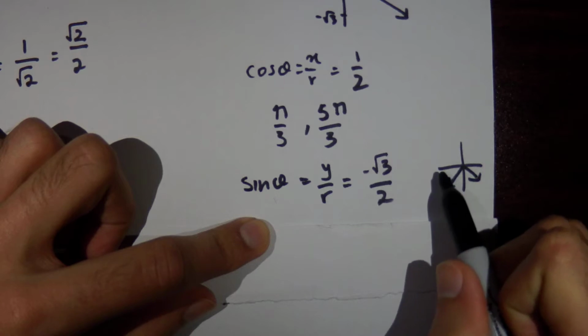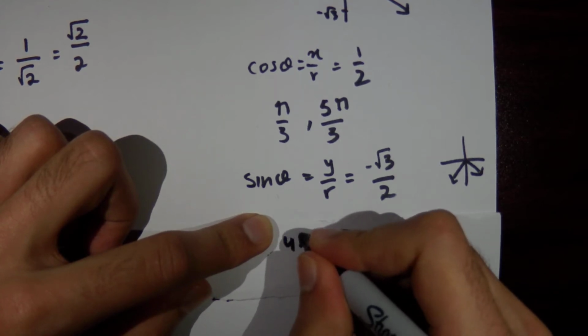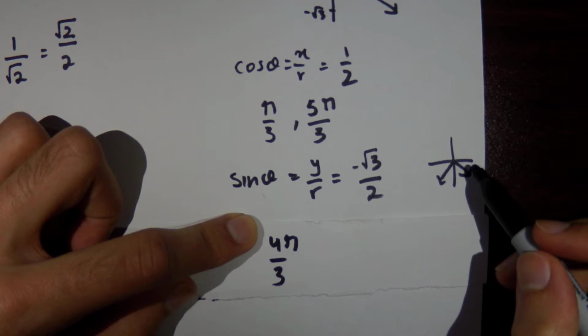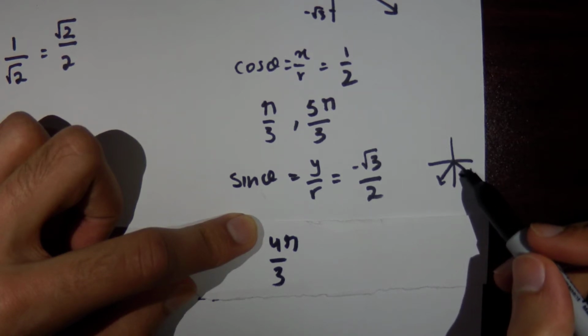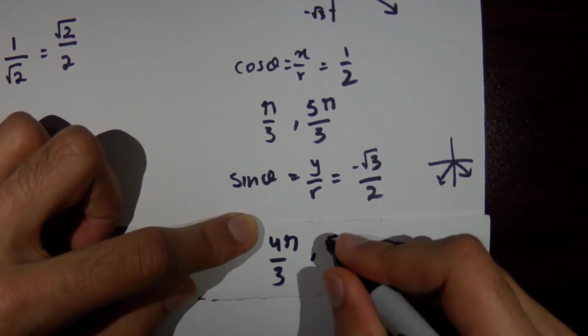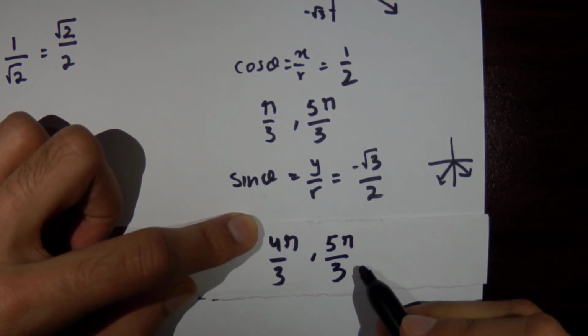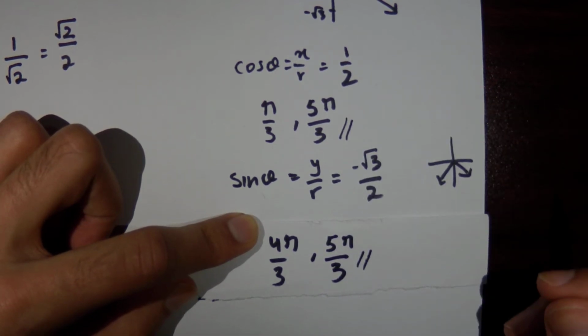So to find it in the third quadrant, we do pi plus pi over 3, which is 4 pi over 3. To find it in the fourth quadrant, it would be 2 pi minus the acute angle, which is pi over 3, which gives us 5 pi over 3, yay, because we've already seen that through cosine, so we know this right here is our theta.